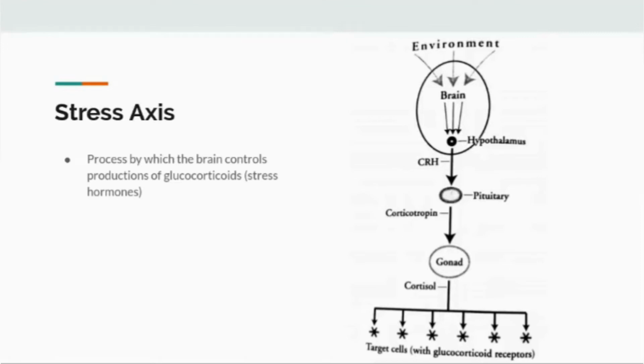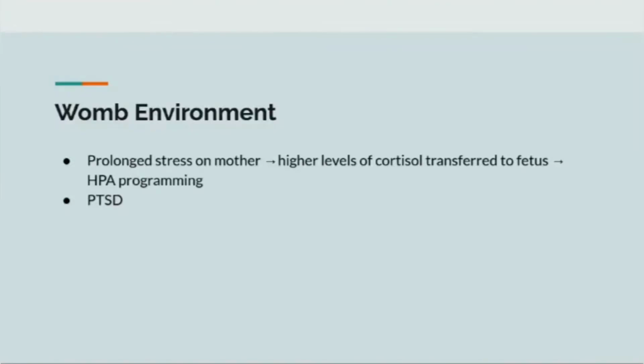hormones. The process shown in this picture, taken from the book, is the process of creating cortisol rather than just a general stress hormone. Cortisol is a steroid and can alter gene expression by bonding with its nuclear receptor. Womb environment has a large effect on the stress axis.